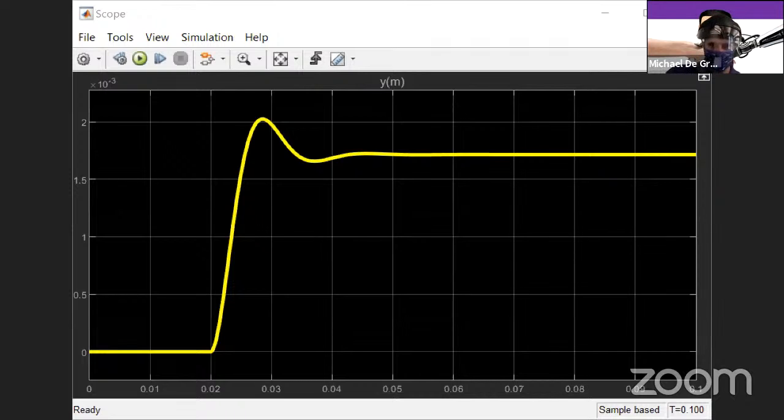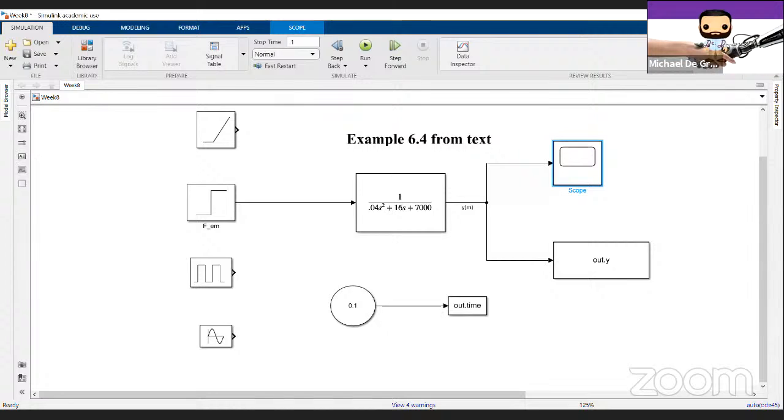What would you guys expect the state space model to look like? A straight line. What do you guys think?